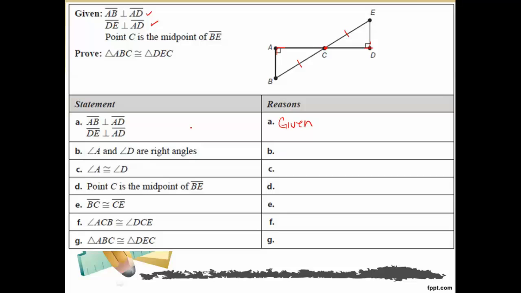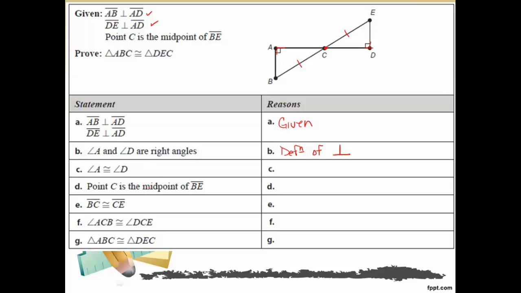So if I say this: if segment AB is perpendicular to segment AD and segment DE is perpendicular to segment AD, then guess what? Angle A and angle D are going to be right angles. And I know that because of the definition of perpendicular lines.